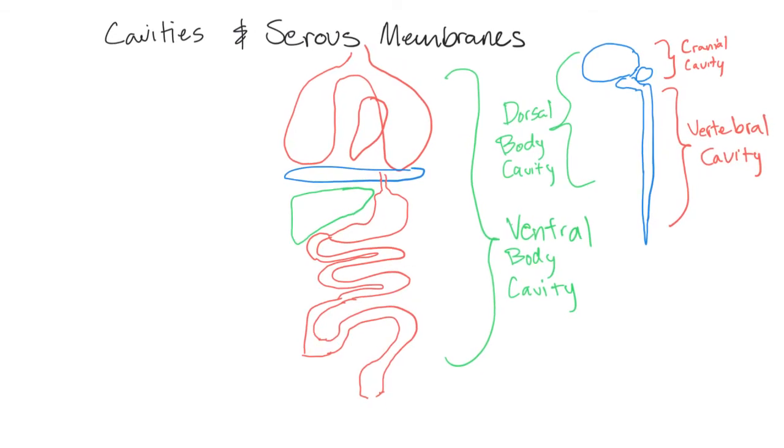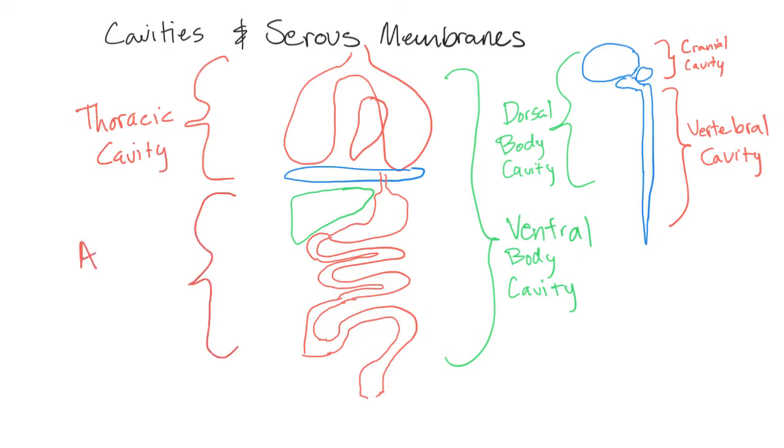All right. The ventral body cavity we split into 2 major regions. The thoracic cavity and then our abdominopelvic cavity.